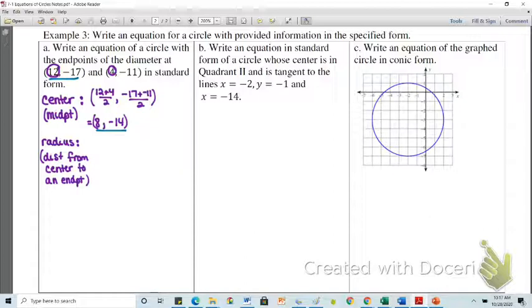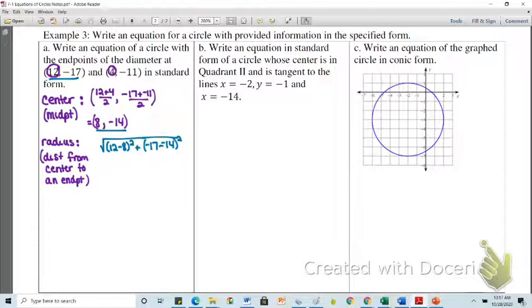Okay, so here we go. My radius is going to be square root of 12 minus 8 squared plus negative 17 minus negative 14 squared.